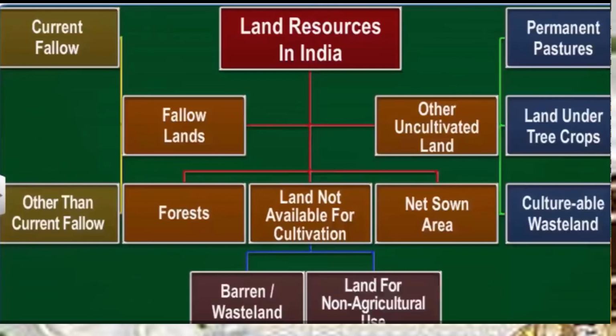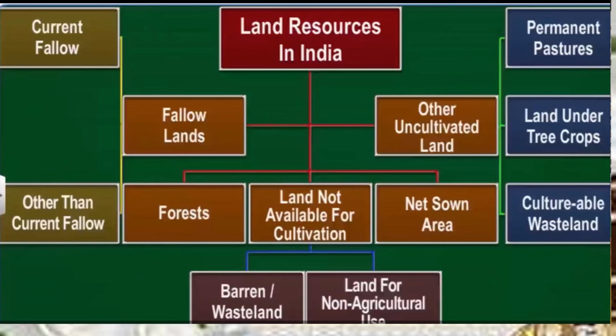So now let's look into the land resources in India. The land resources in India is divided into 5: fallow land, forest, land not available for cultivation, net sown area and other cultivated land. Now let's see them one by one.